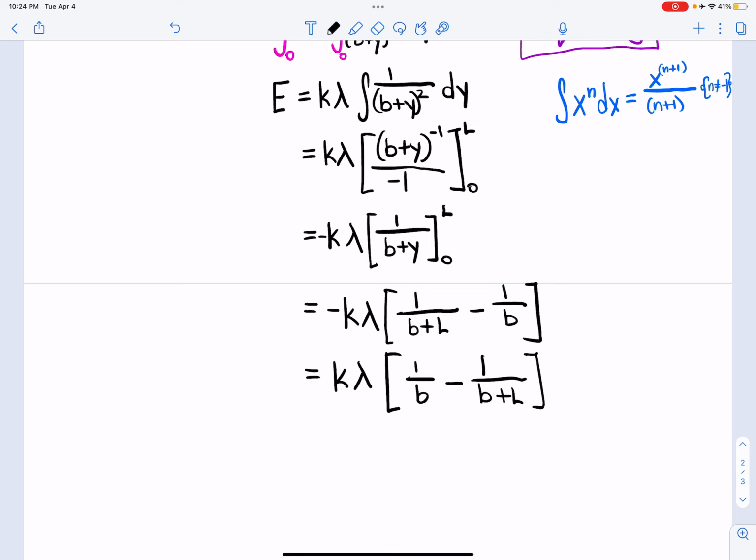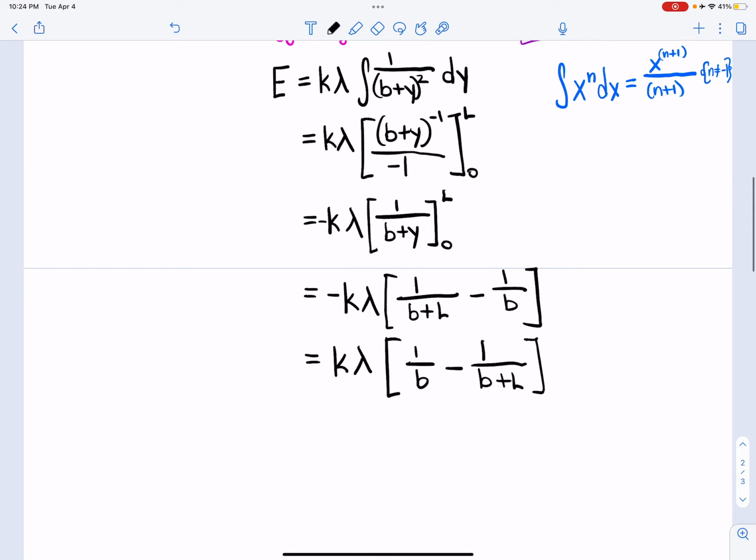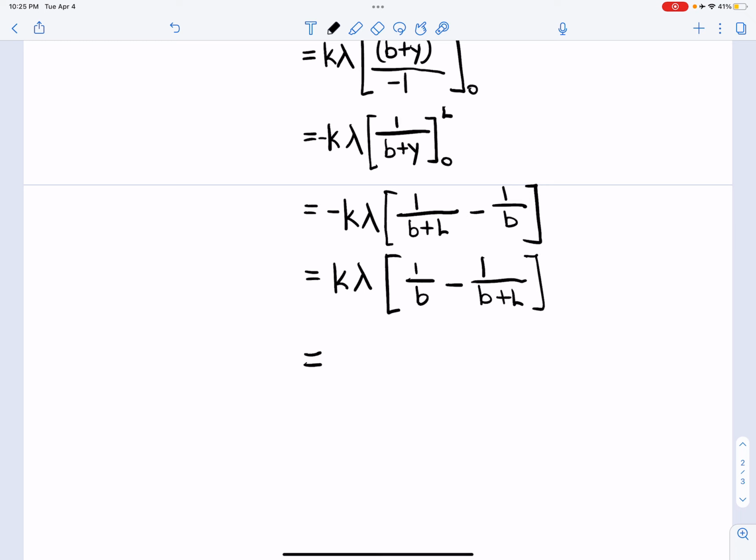And then now I can just plug in the values. The value for K, which is the electrostatic constant, is something that you should have in your cheat sheet or remember: 8.99 times 10 to the 9 Newton meter squared over Coulomb squared.